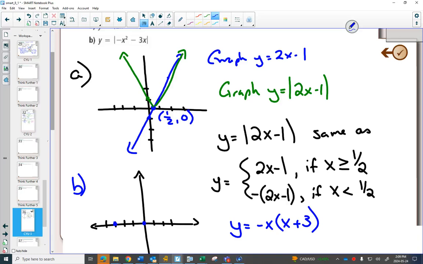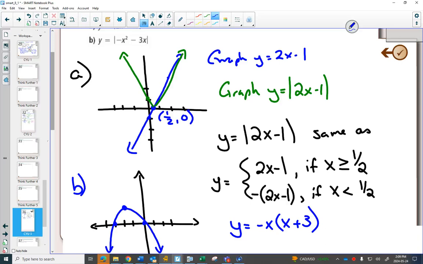So I'm not even going to graph it completely accurately. I'm just going to get a sketch of it. I know that the vertex is going to be there in the middle at -1.5 comma something. So that'll be my graph.